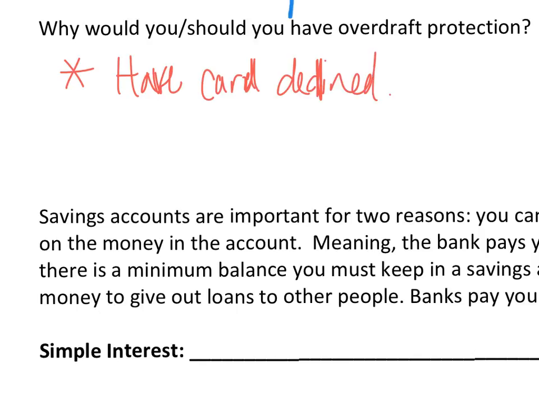Now, what this means is that if you go into your settings on your account, you can actually set it to where if there isn't enough money to cover the charge, the card actually will be declined. And so what that means is if you go to pay for something, the person who's running your card will get a message saying the card has been declined. That means that you don't have the money to cover it, and that way you don't incur any overage charges.